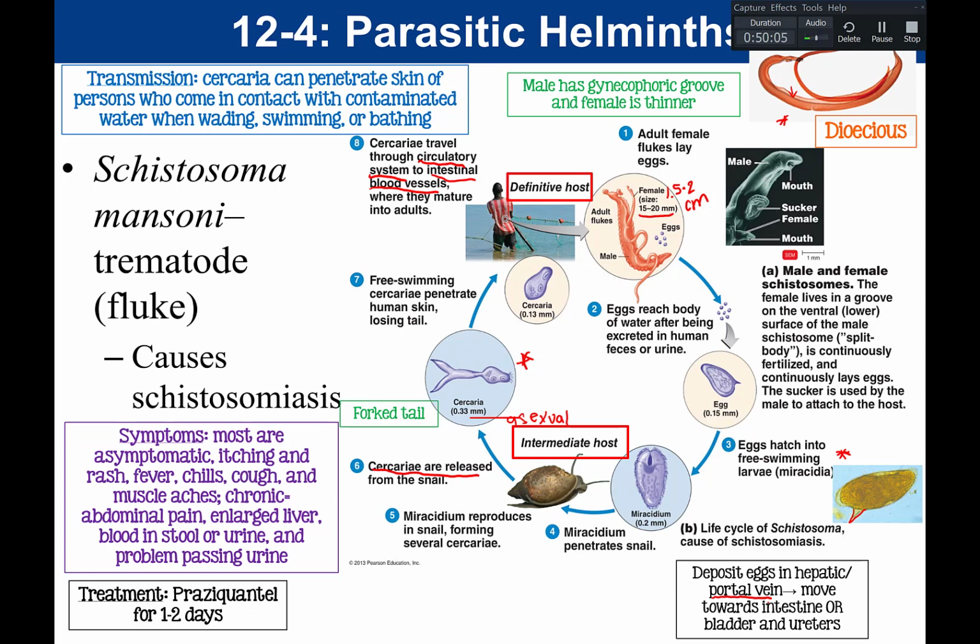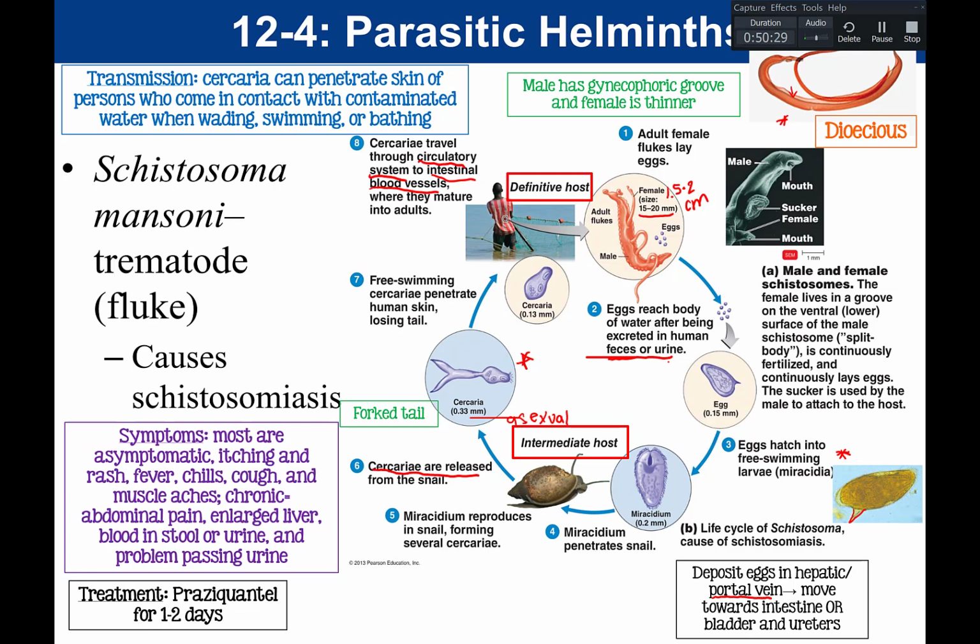So in the case of Schistosoma mansoni, the eggs will end up in the intestine, or of the bladder and the ureters, so the urinary tract, in other species. And then those eggs are going to be excreted as feces or urine.